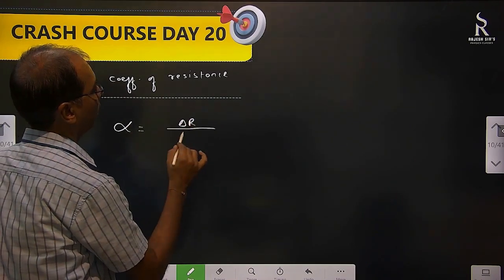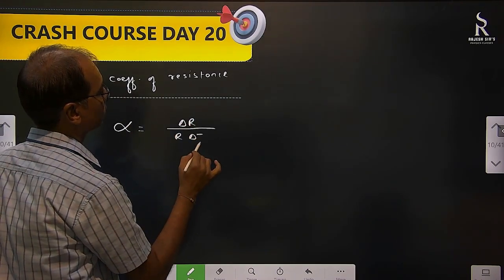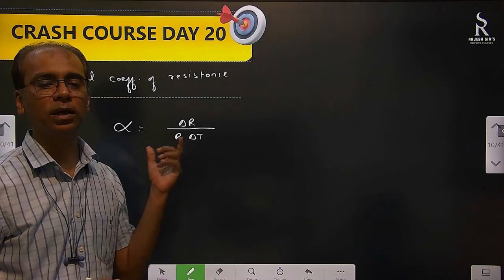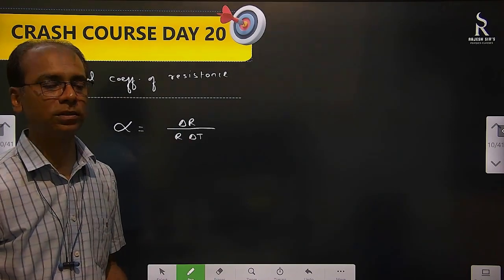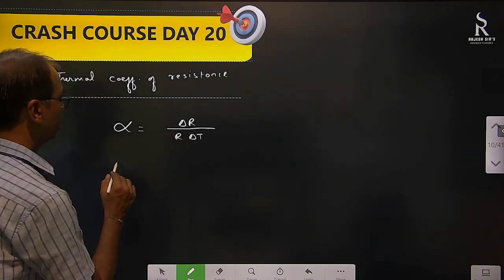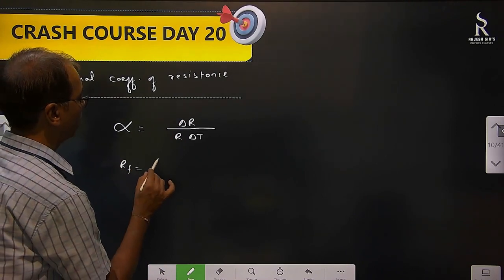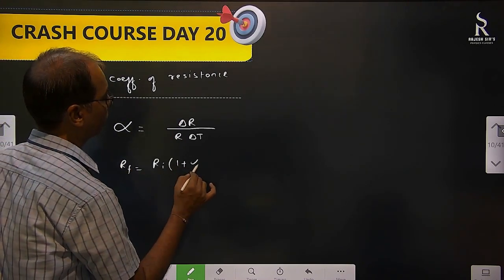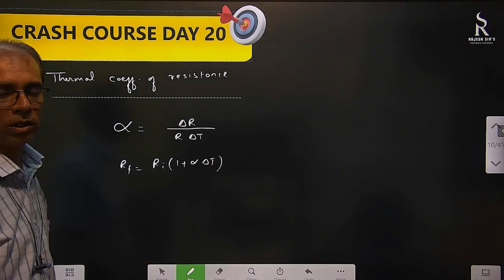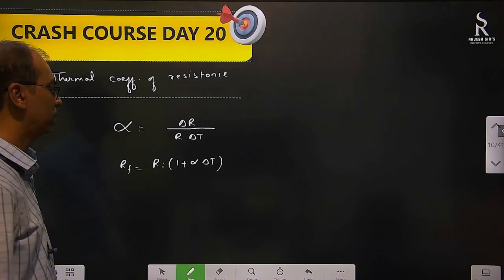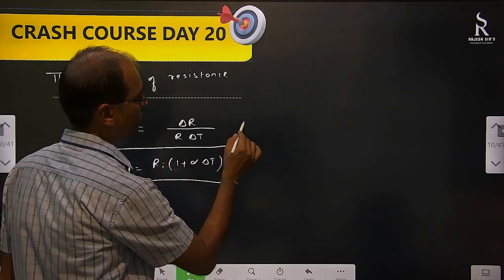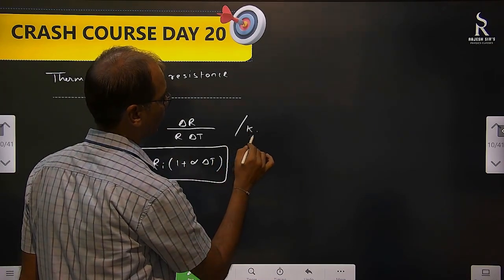Delta R by R delta T. There, how we used to define alpha is delta L by L delta T. Here it is delta R because it's related to resistance. So alpha equals delta R by R delta T. Then R final equals R initial into 1 plus alpha delta T. So this relation we have to remember. Alpha's unit is the same, 1 by Kelvin or per Kelvin.